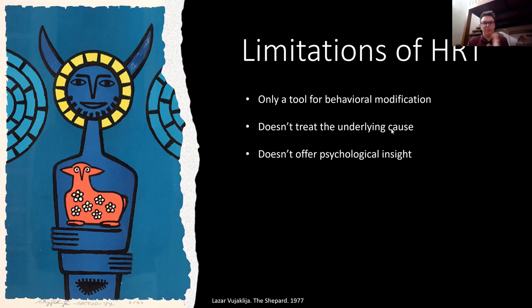This is not something to be panicked about, and it's not necessarily something worse, and it's not necessary that this will happen, but this is just something to be mindful of. Because I think this is when these limitations of habit reversal training really come to the surface. So it's a good tool, but it's not the all-powerful solution for everything.